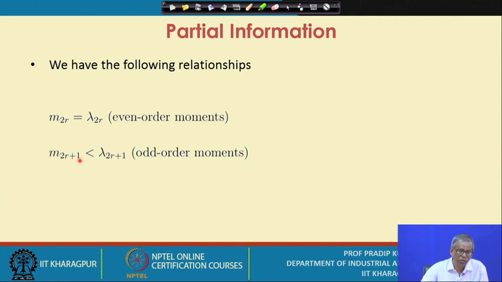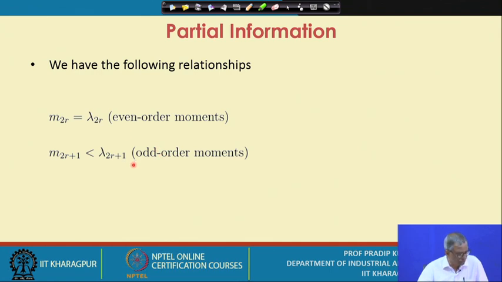And M2R plus 1 is less than or equal to lambda 2R plus 1. That means for the odd order moments, the absolute moment is always greater than the moment of the distribution.